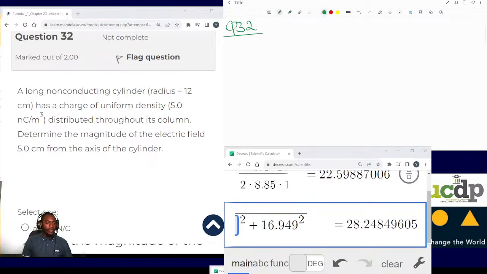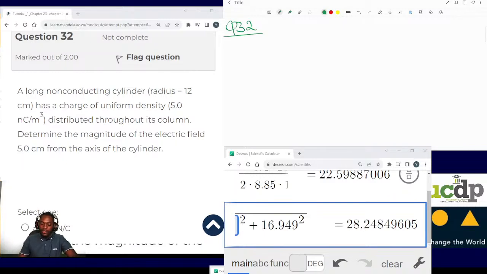Question 32 reads, a long non-conducting cylinder of radius 12 centimeters has a charge of uniform density 5 nanocoulomb per cubic meter distributed through its column. Determine the magnitude of the electric field 5 centimeters from the axis of the cylinder.